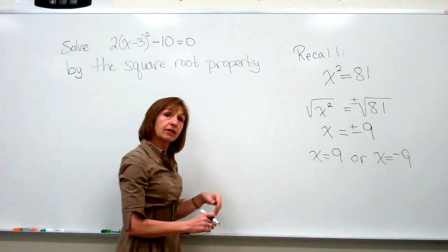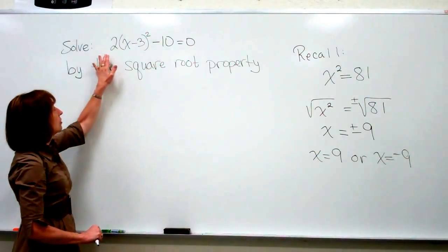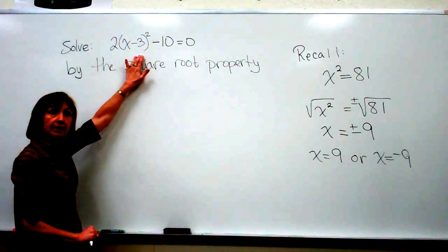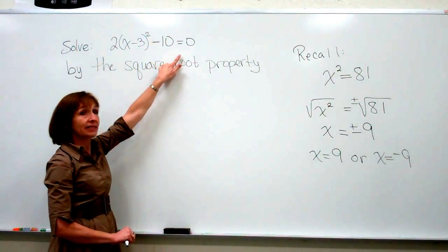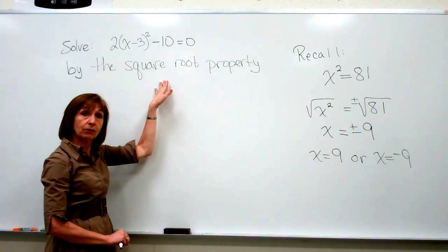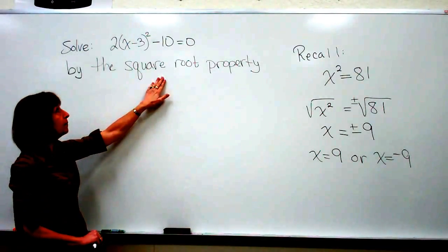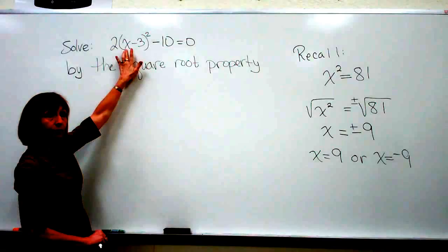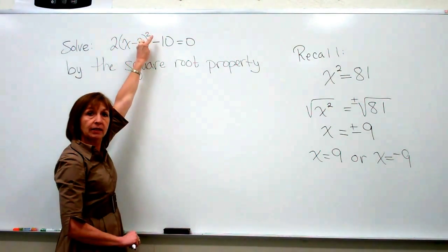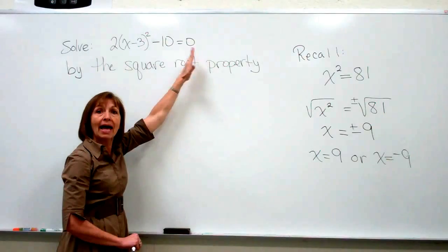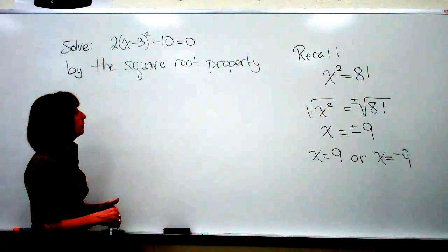Now let's come over and look at the quadratic equation that's in this example. It says to solve 2 times the quantity x minus 3 squared minus 10 is equal to 0. And we want to use the square root property. Now it's a good property to use for this question because the variable that we're trying to solve for is in the parentheses that's quantity squared, and there's no x that's outside that parenthesis squared in another term.